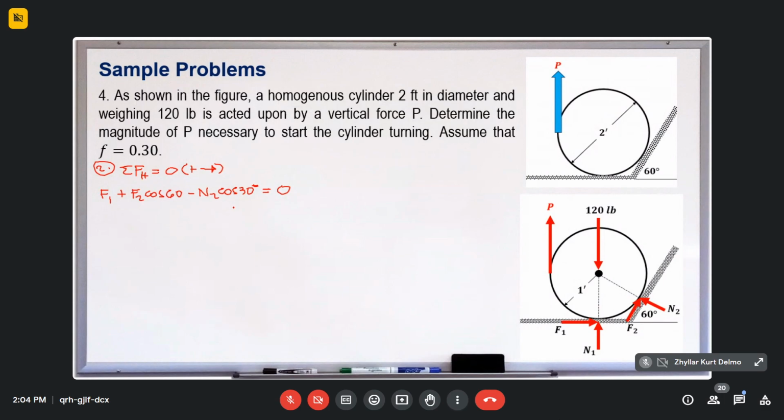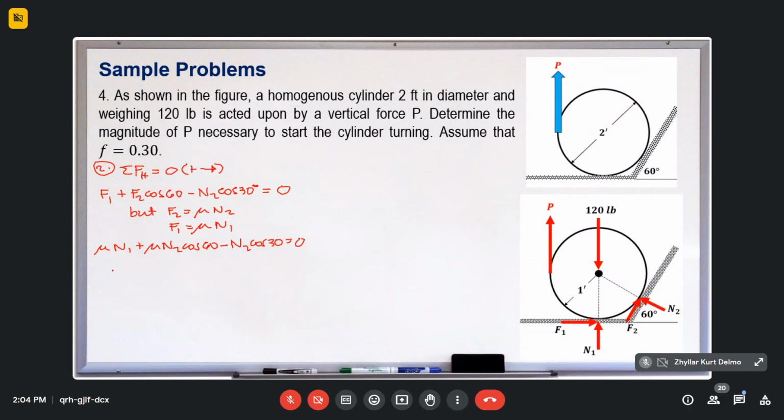Now, naman tayo relation, no? But F2 is equal to mu N2. And F1 is also equal to mu N1. So, therefore, mu N1 plus mu N2 cosine 60 minus N2 cosine 30 is equal to 0.